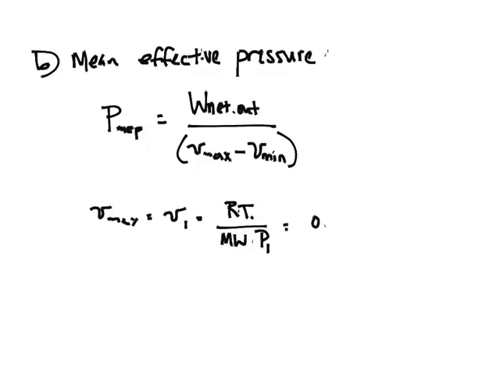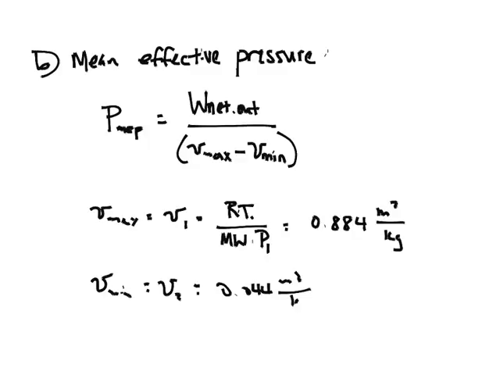Because we know T1 and P1, we find that to be 0.884 meters cubed per kilogram. And we know Vmin already. That's V2. We've already calculated that, 0.044 meters cubed per kilogram. Okay, so we found that previously.